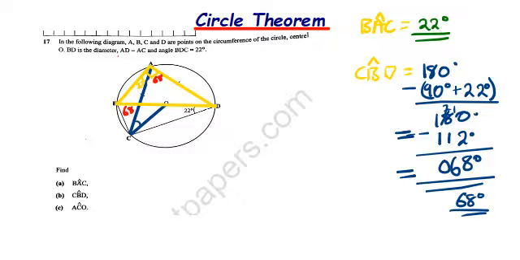Now this 68 that you're having, you have to understand that our goal is to reach this point in order for us to come up with this angle which is there.